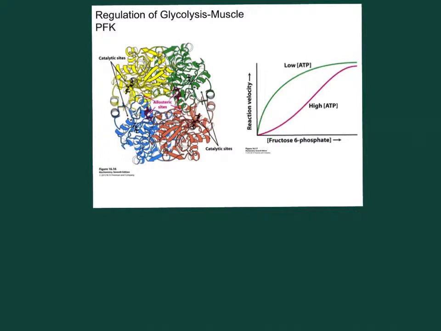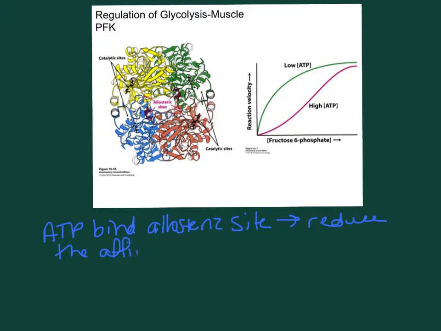We've already looked at PFK in the muscle, and we've seen that ATP will bind an allosteric site, and it will reduce the affinity of PFK for the substrate fructose 6-phosphate.